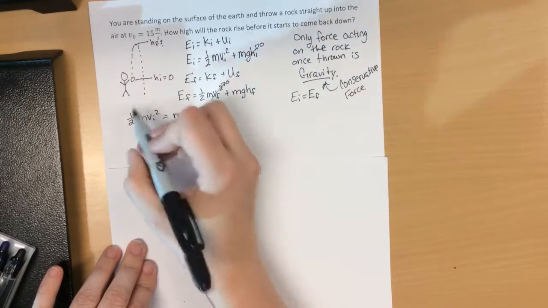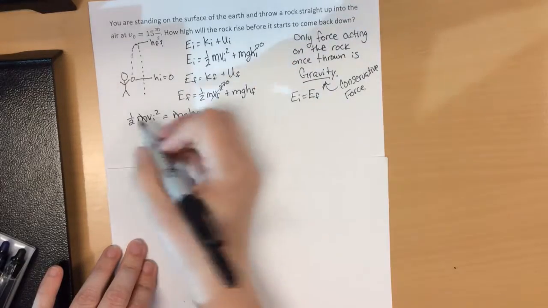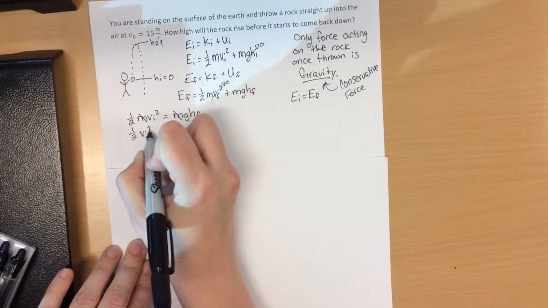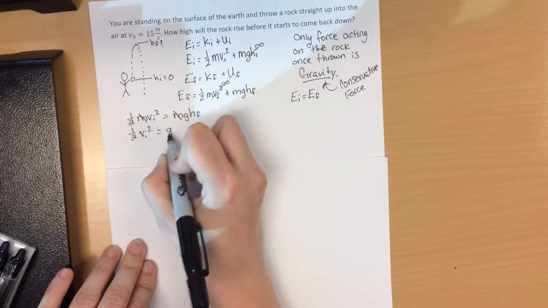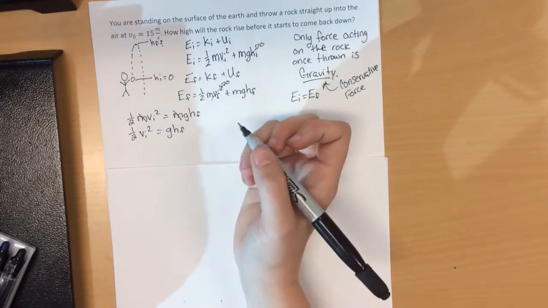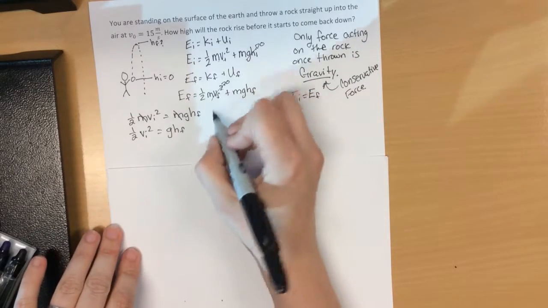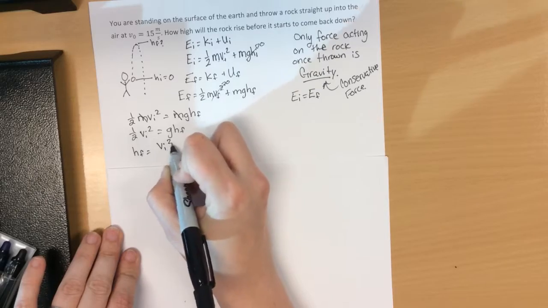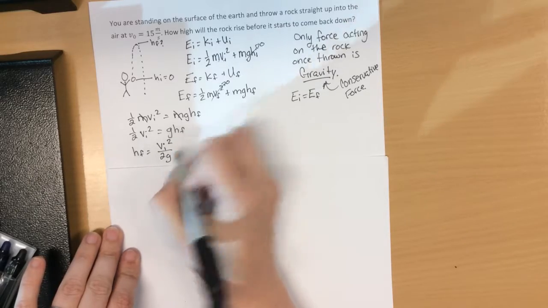I do have mass on both sides of my equation. They are going to cancel. When I solve this for my final height, I get that my final height is equal to v_i squared over 2g.